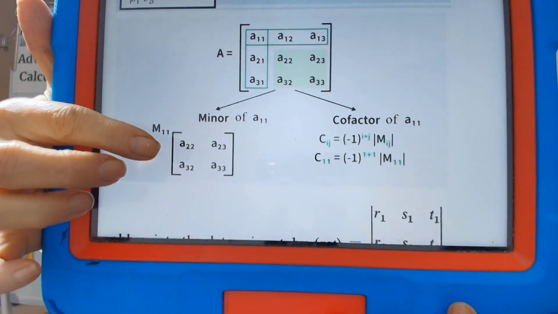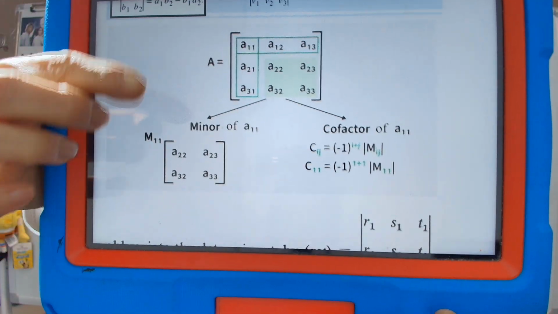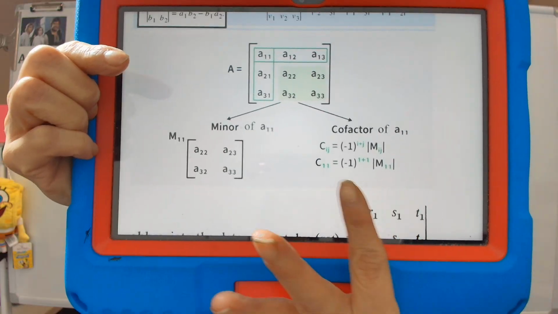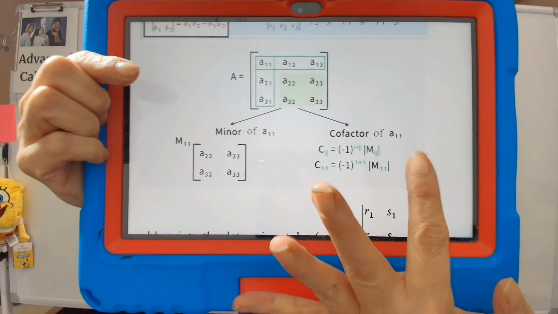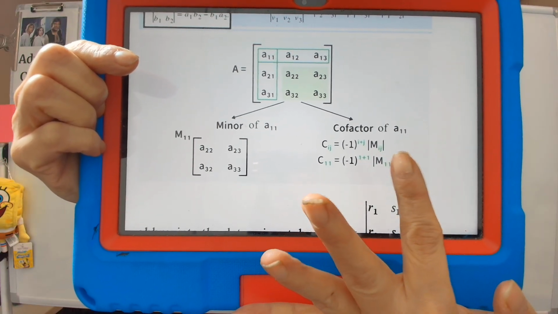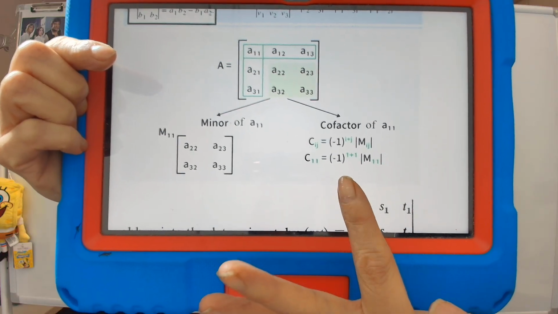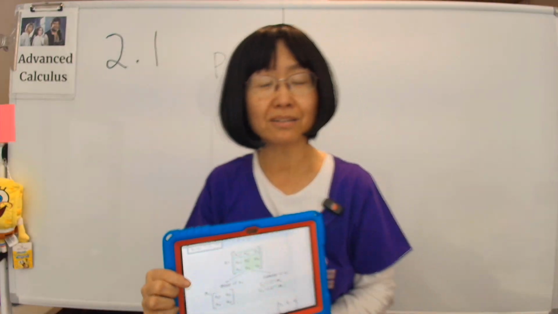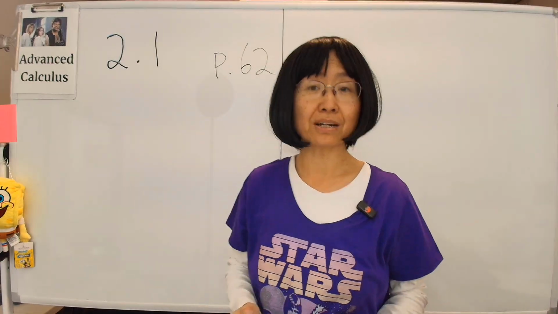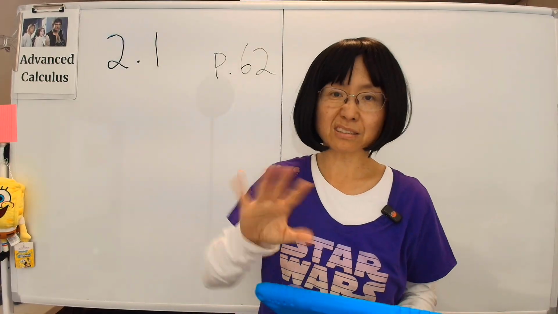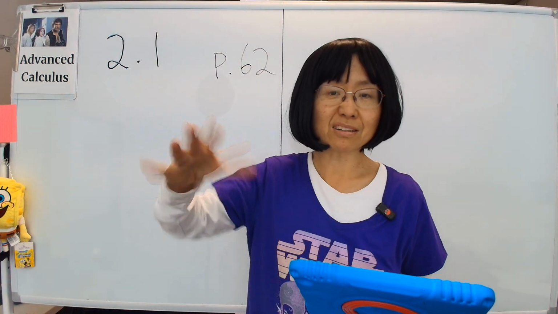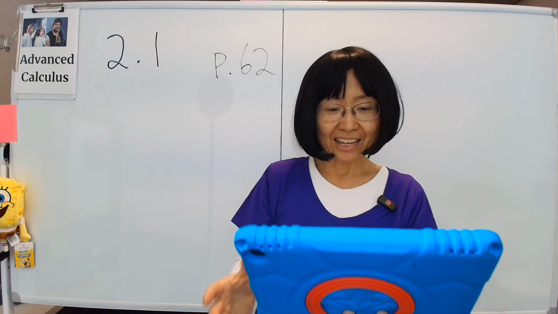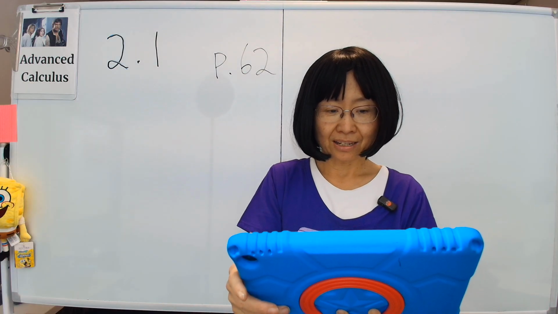And the cofactor is the minor, except there's a sign in front, and the sign is directly related to the coefficient of A. That is, if it's 1, 1, then you use 1, 1 to calculate whether the sign is positive or negative. So cofactor and minor are very close to each other. It's just that the cofactor has a sign to it. And again, that has to do with calculating the determinant. You know how it goes, plus, minus, and I'm always messed up in there. Anyway, so that is that.